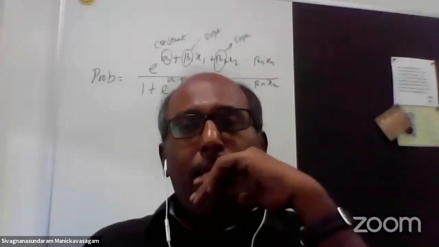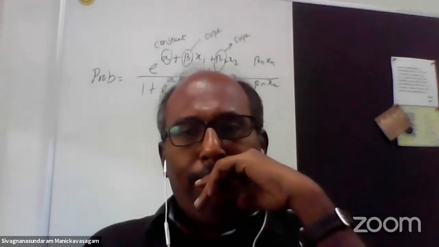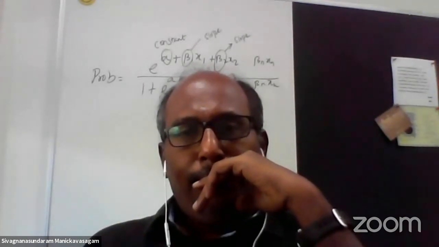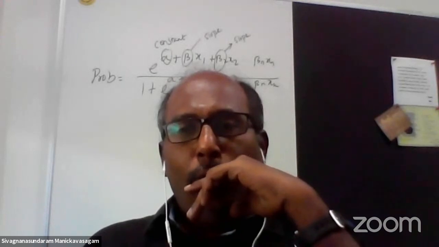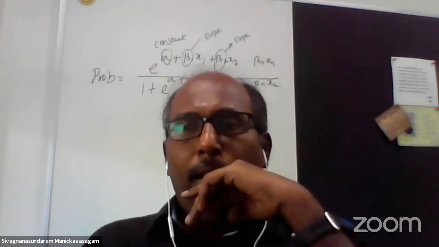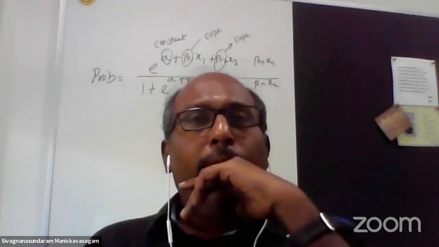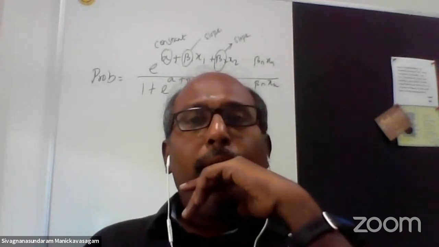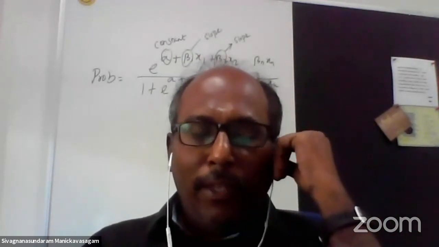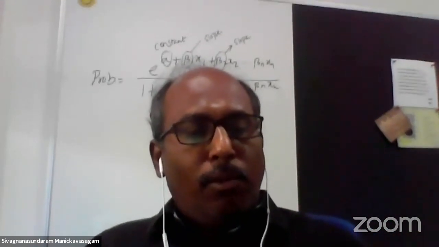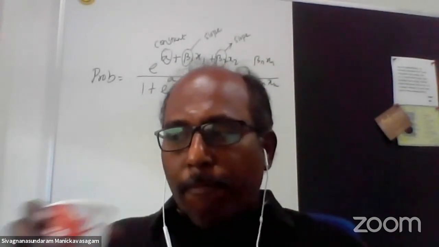So are all of you getting the same results as what I'm getting? Yes, sir. 0.381. Right. So then the null hypothesis is getting accepted, that there is no association between the variables. That's it. This is what the chi-square test is.